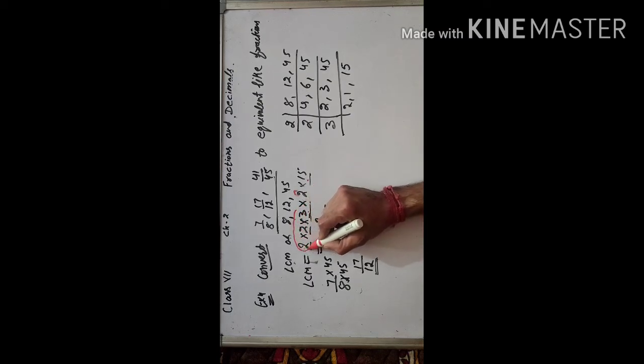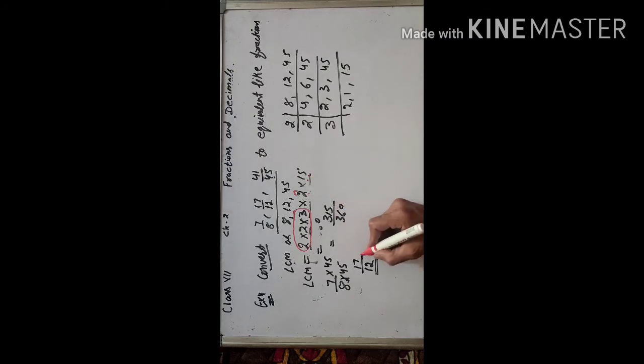Leave these 3, 2 2s are 4, 4 3s are 12 is already there. 15 2s are 30, multiply 30 here and here. Now 17 into 30 is 510 and 12 into 30 is 360.